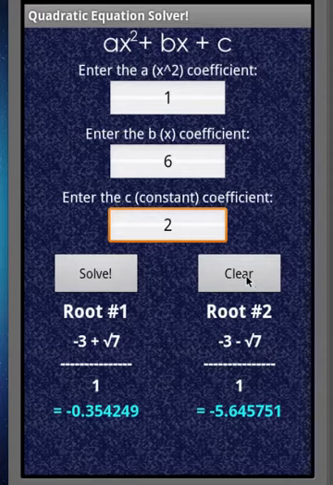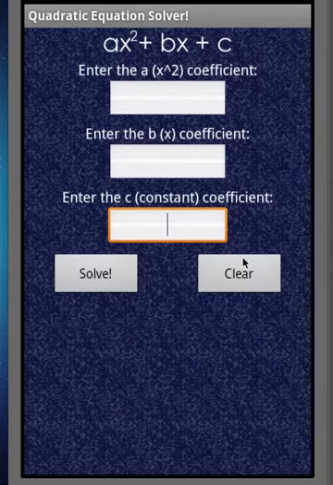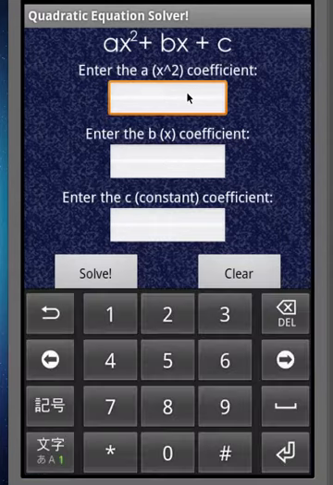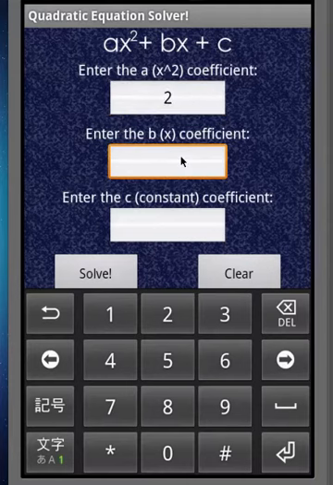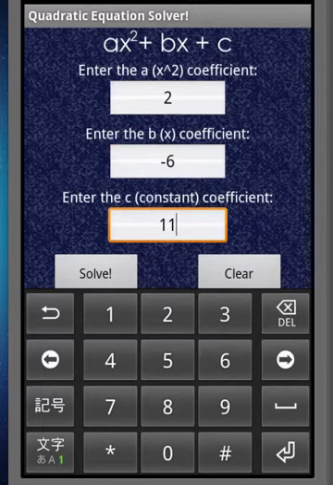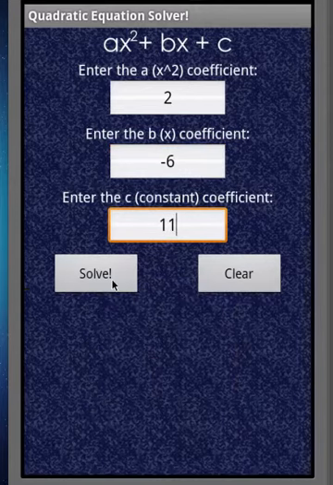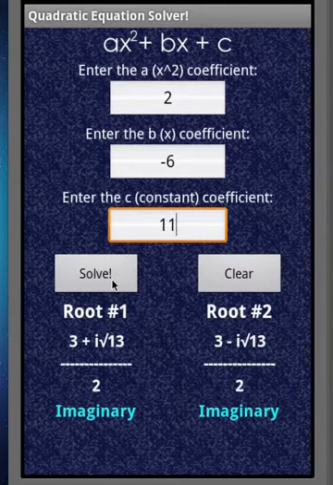Let's try a quadratic that would yield an imaginary root. So let's do 2x squared minus 6x plus 11. Let's see what we get here. Hit solve. And as you can see, the roots are in terms of imaginary.